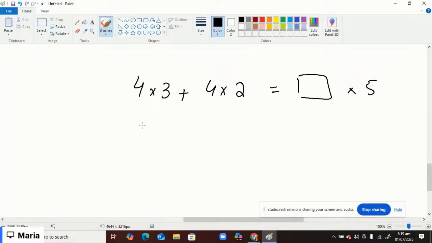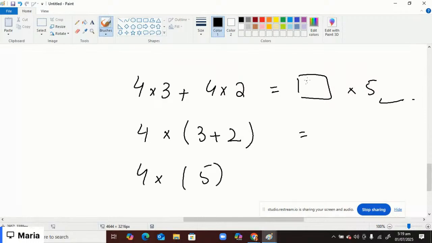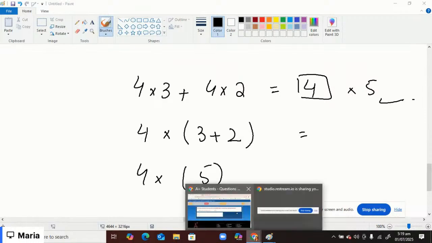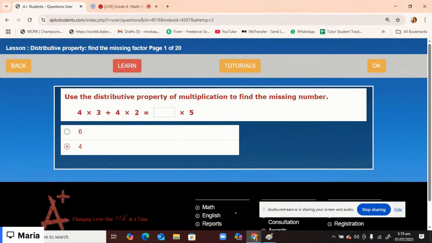That is 4, which is coming outside. Times as it is. What are the two other digits? 3 and 2, and adding. 4 times 3 plus 2 is 5. 5 is already given. So which digit do you put out here? 4. So we go with the 4.